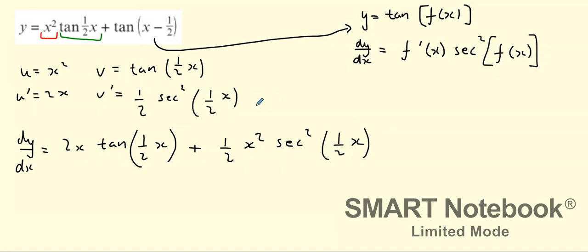So now, when I differentiate x minus a half, I get 1. So therefore it becomes plus 1, but we don't need to write that. So it's essentially sec squared x minus a half. And that's it. There's my answer. I'm not doing anything further than this.